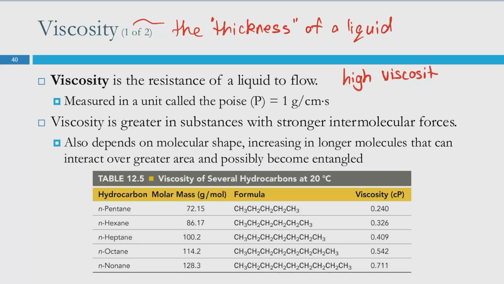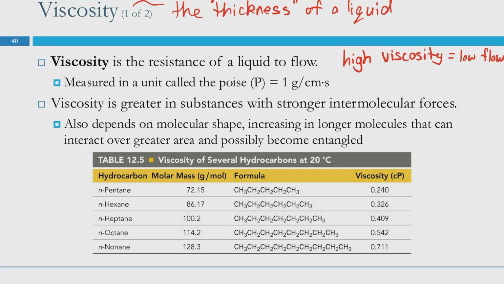High viscosity equals low or slow flow. And it's got a very fun unit called poise. We're probably never going to use it, but it's a fun name.